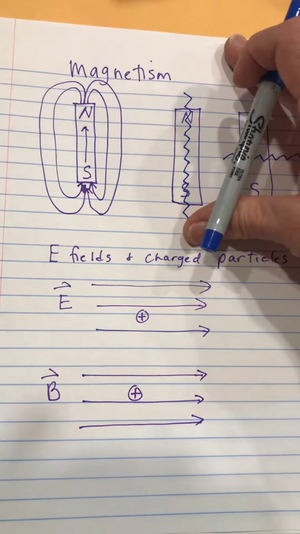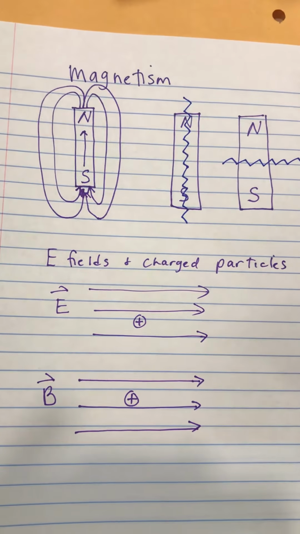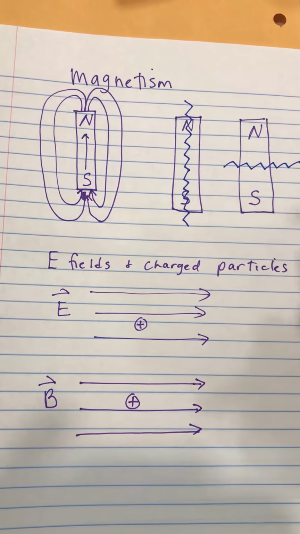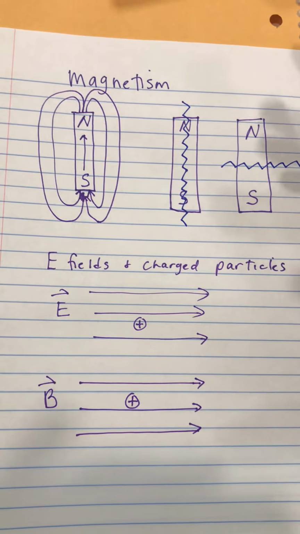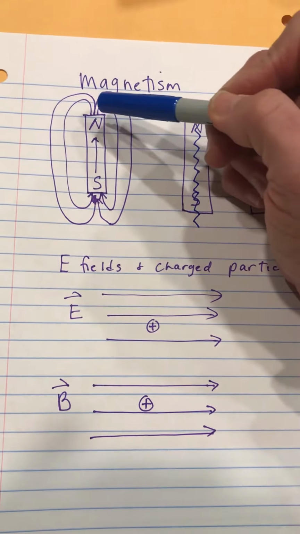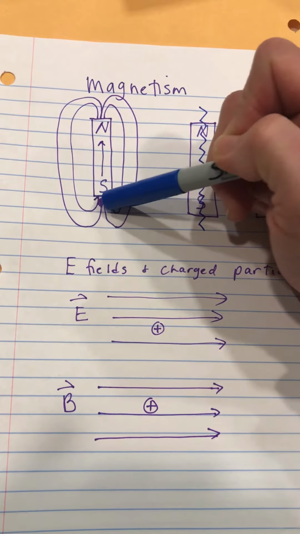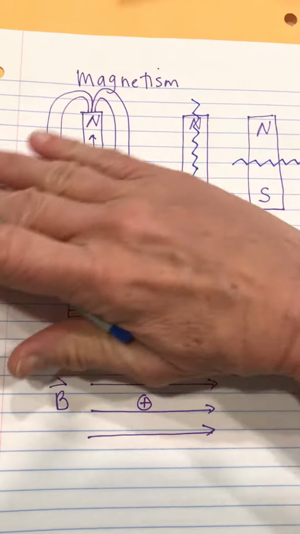Now, a couple things about this. You can draw a charged positive particle and draw electric field lines going away from it, and they don't have to end anywhere. But when you draw magnetic field lines on the AP exam, your magnetic field lines always have to start and end somewhere because it's impossible for magnetism to have just a north pole.